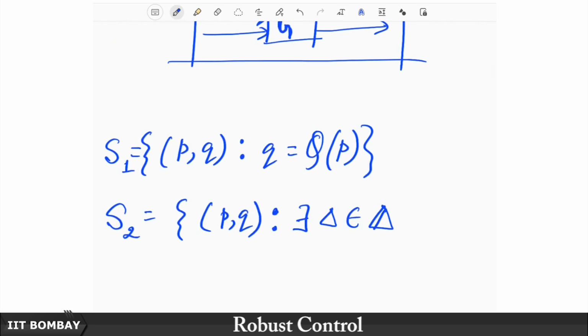So, this is a set S2, which is also a set of signal pairs. What property does this signal pair satisfy?